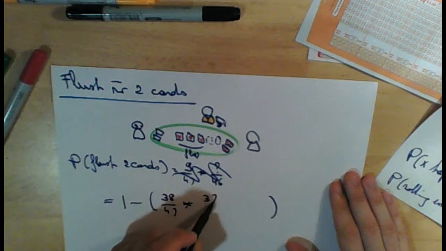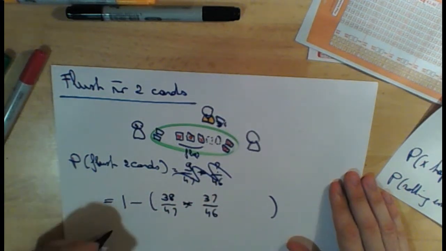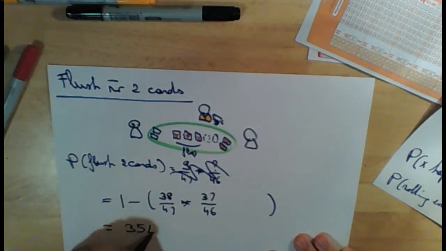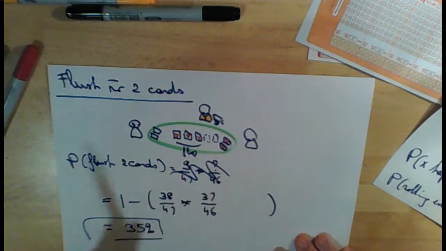And then I have this. Okay, and if I work this out, I get 35% of me making a flush on the river with 2 cards to come.